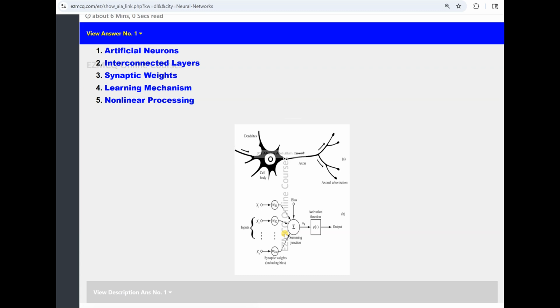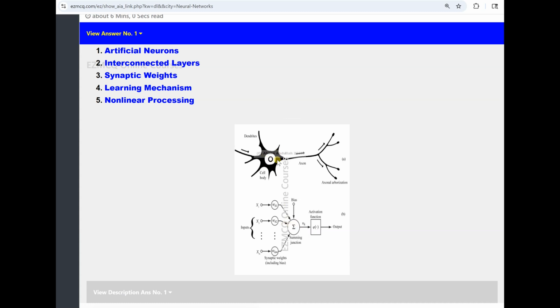So what is a neural network? Basically, it's a computational model, as I said before, and it is used to simulate the structure and function of the human brain. We are not talking about rats. It consists of layers of artificial neurons.